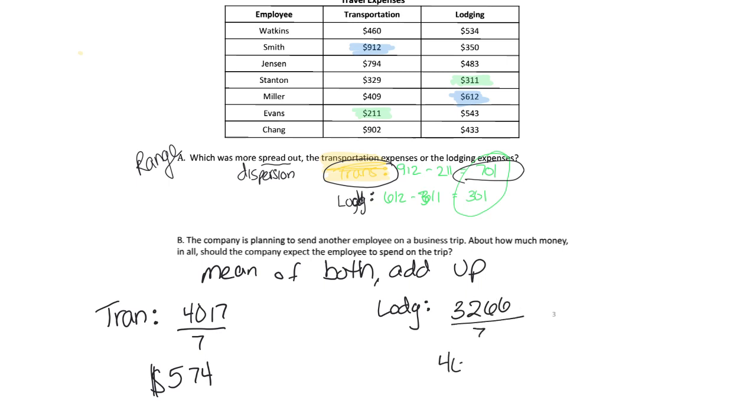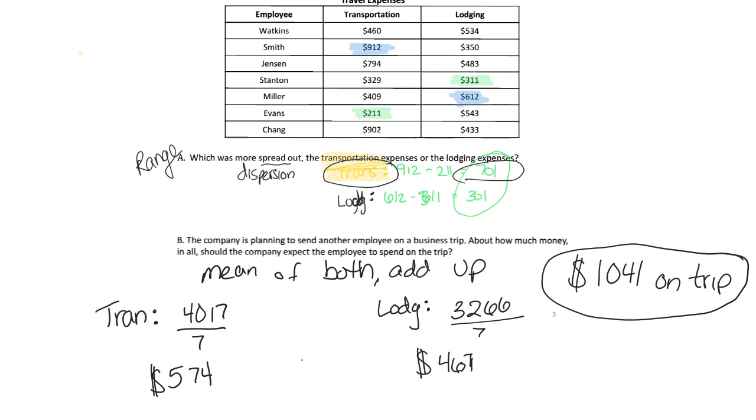On average, they spent $467 on lodging. Add them up, and you should get $1,041 total that they could be expected to spend on the trip. So on the trip, this is what we expect them to do. And that's, again, because we added our transportation and our lodging together.